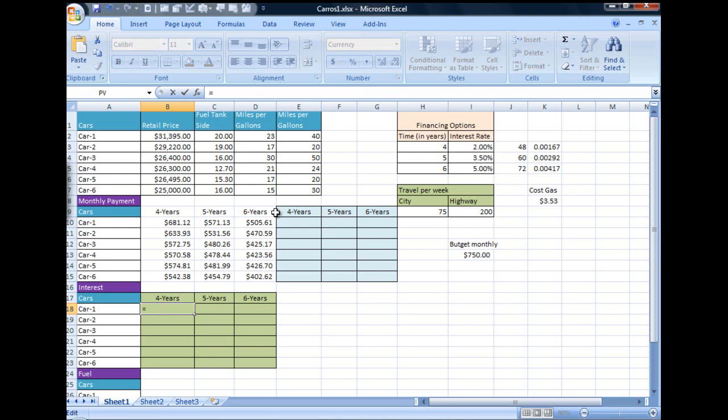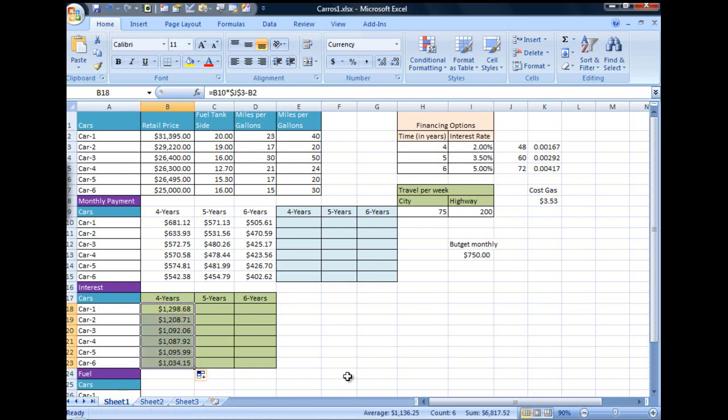This is the monthly payment for the first car, multiplied by the payment period that we have, which is 48, absolute reference of course, minus B2, the retail price for the first car, which is $1,298.68. Now drag this information. It's the money.